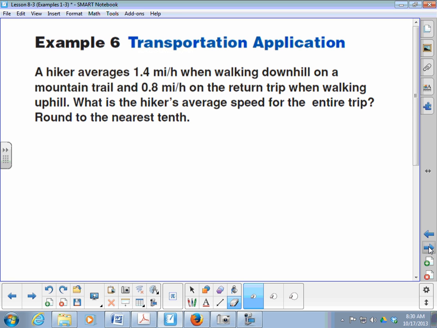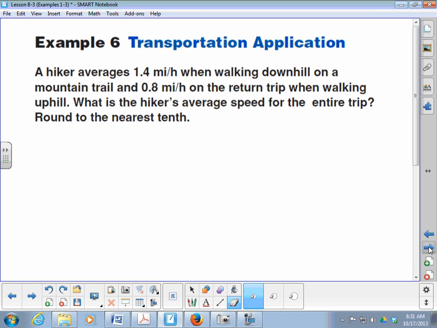Walking, okay, all right. So when you walk somewhere, if I'm this hiker and I'm walking downhill, and if I walk at a certain speed, I also have to have something else that's affected when I do that. What's affected by my speed? Time is, okay?